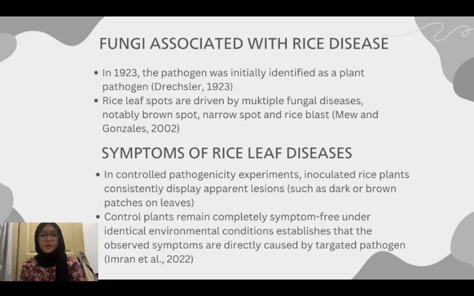Furthermore, prominent studies by New and Gonzalez confirm that complex fungal complexes drive these leaf lesions. In controlled pathogenicity experiments such as those conducted by Iman and colleagues in 2022, inoculated plants consistently display dark or brown patches, while control plants remain completely symptom-free, proving a direct causal relationship between the targeted fungal pathogens and the visible disease symptoms.